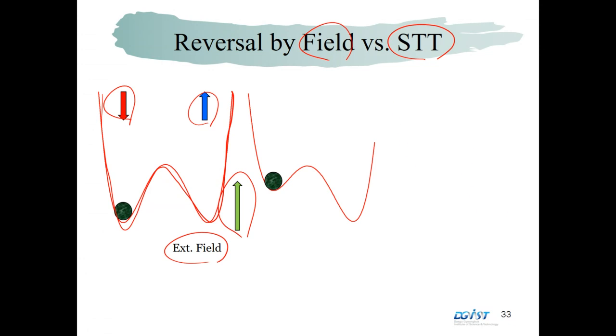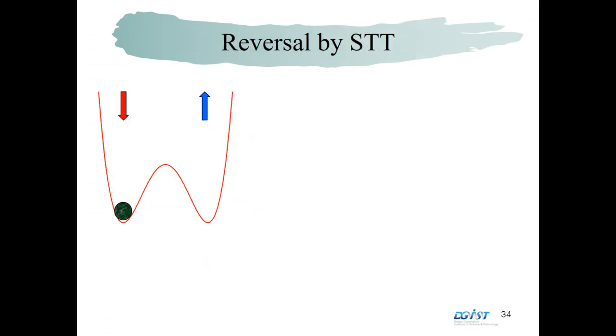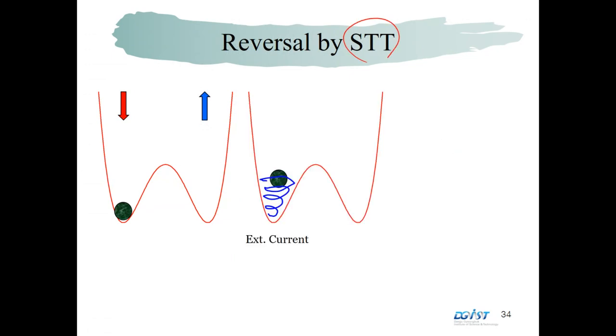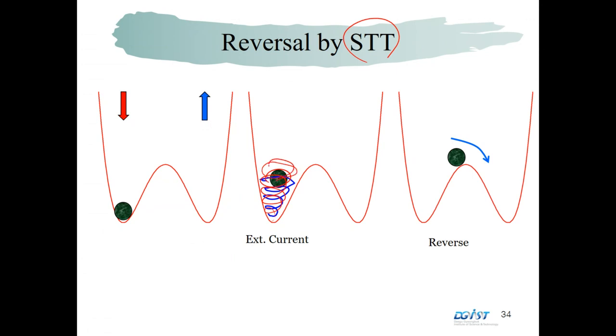So the energy changes, and finally there is some switching. But in STT, with the external current, the energy barrier is not changed, but the magnetic moment can be excited, something like this. And then if the excitation gets large enough, there is some switching. That is the difference between field-driven switching and current-driven switching.